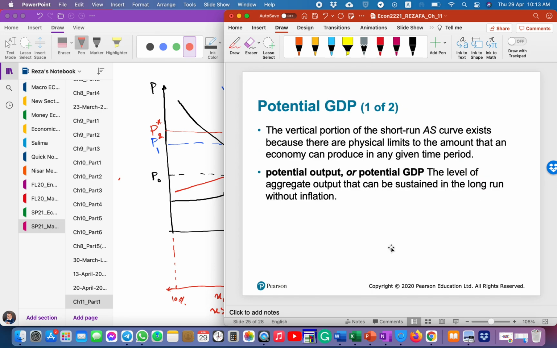That is the definition of the potential level of output, the level of aggregate output that is sustained in the long run without inflation. Inflation will be sustained wherever it is sustained, like remaining at 0% or 1%, but it stays at that level. That is called the potential level of output, and it's a vertical curve.